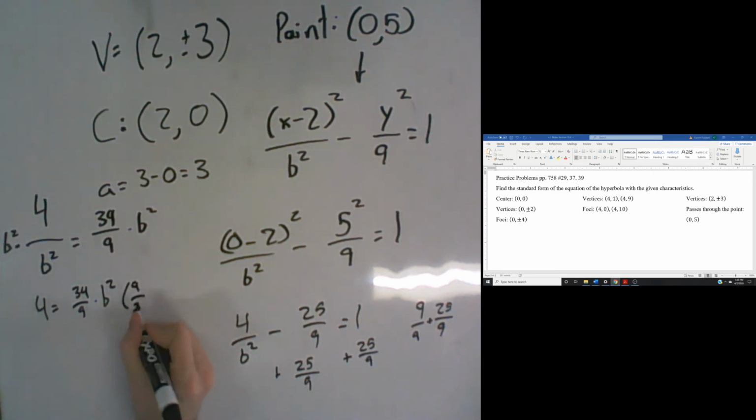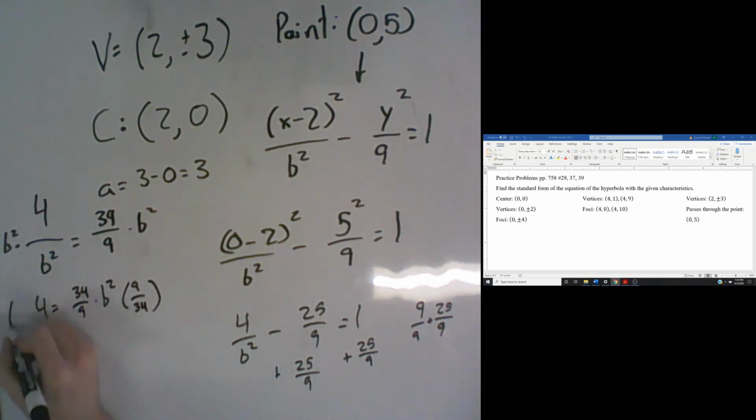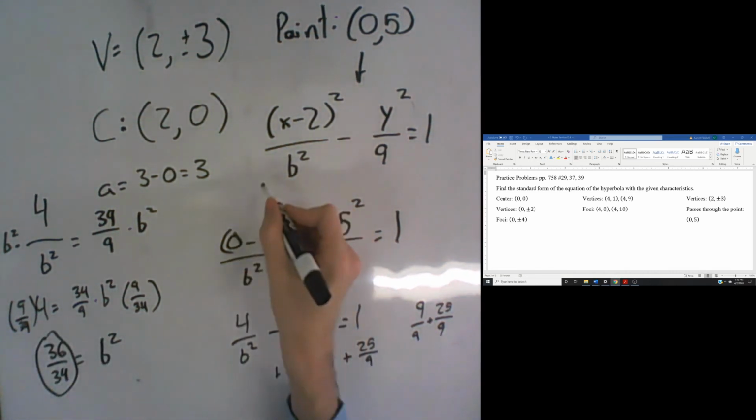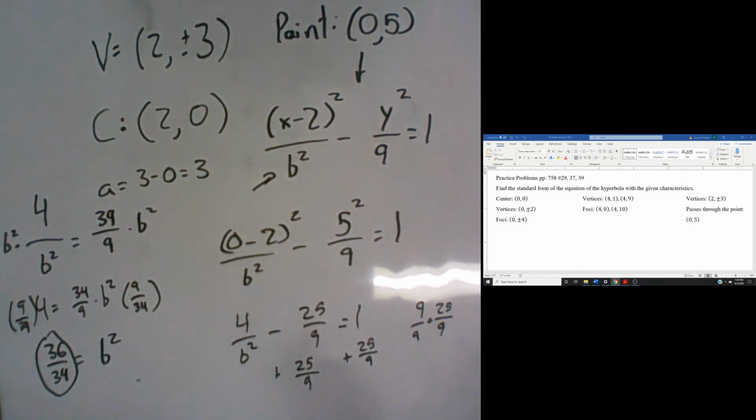Multiply by the reciprocal. 36 over 34 equals b squared. Well, it's a square root, so I get 6 over the square root of 34 equals b. Well, actually, we don't need to worry about that. We have this right here, so we're going to plug that back into here.